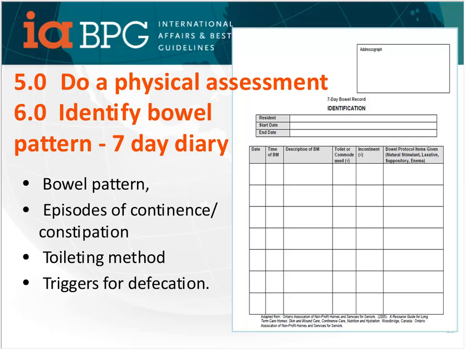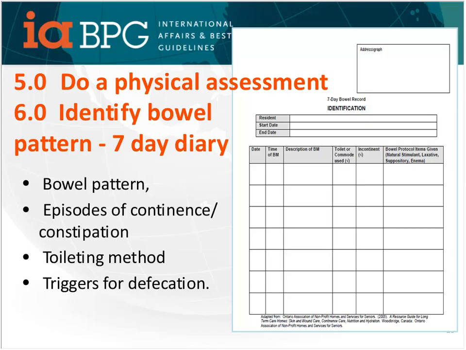So you're looking to see when the resident has a bowel movement. Ideally, you want to use the Bristol stool form scale to judge the type of constipation. There's a range of constipation, and this can be quite helpful for everybody to come to an agreement on what they're actually seeing.